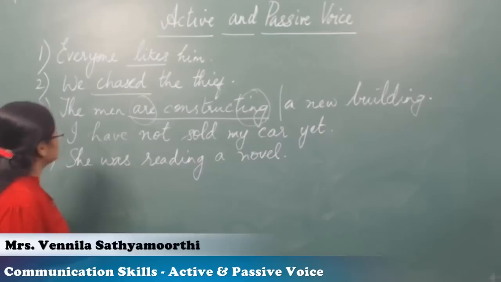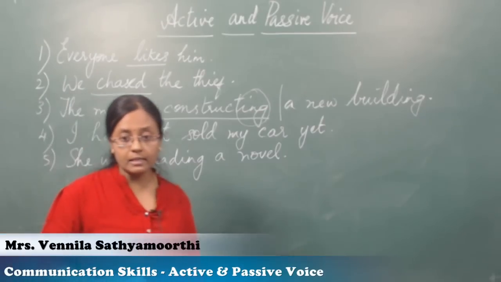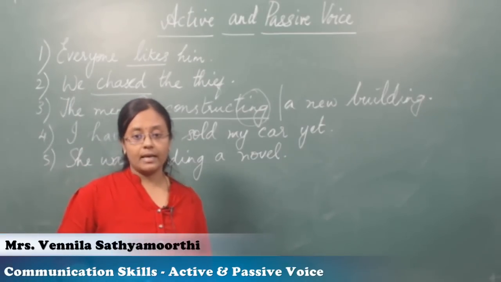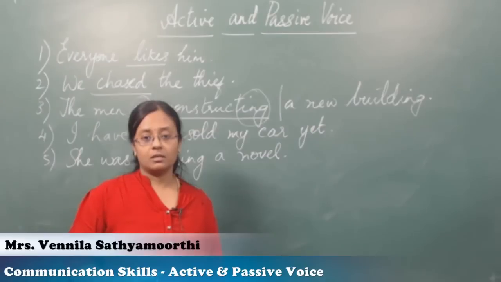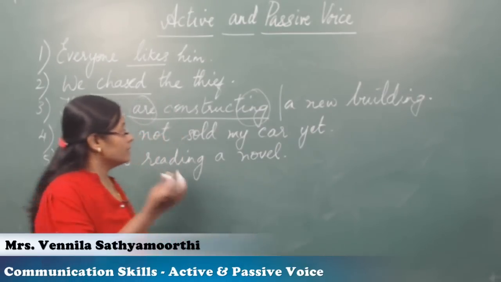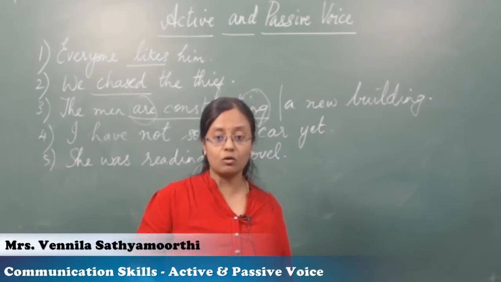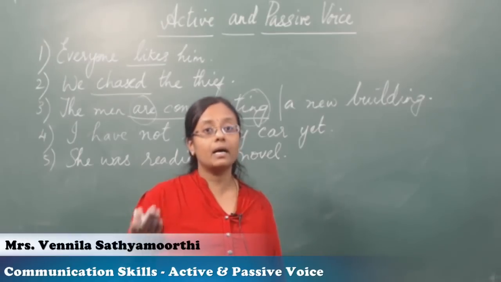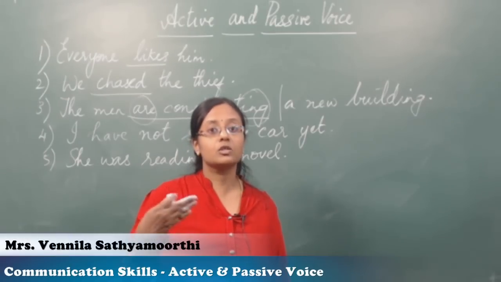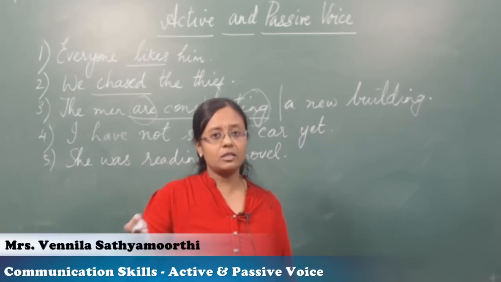Okay, the fourth sentence, I have not sold my car yet. My car has not been sold, has not yet been. See, the "yet" has to come in a different place. My car has not yet been sold by me. It's better to omit "by me".